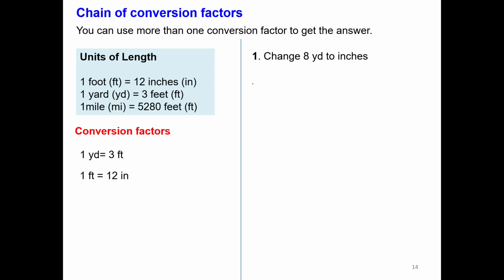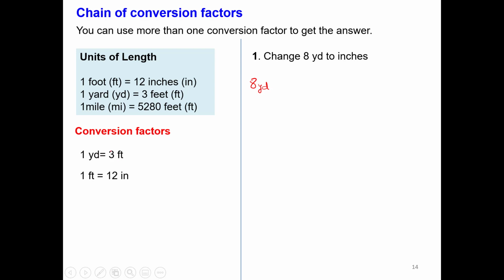Let's start, we will write here 8 jars. We don't have the direct conversion factor, but we will convert first the jar into feet.